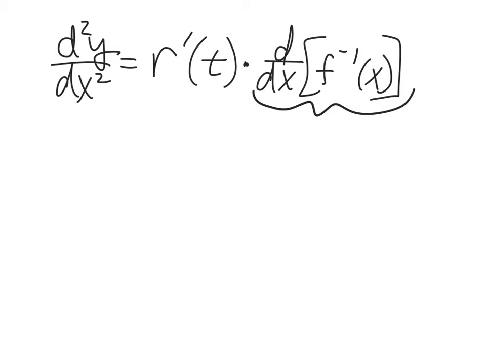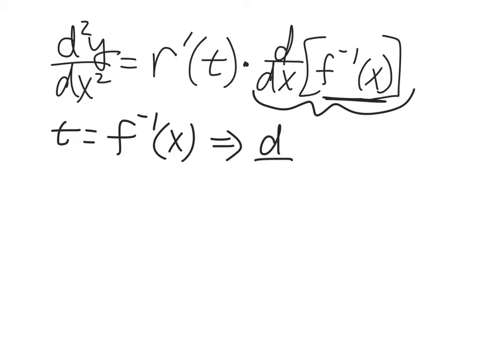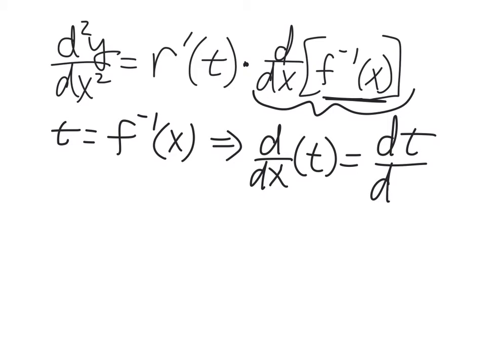Now, we said that t was equal to the f inverse of x, so plugging that into this part, we would have dt by dx. But we really don't know what that is in this form. Let's see how we would derive dt by dx.